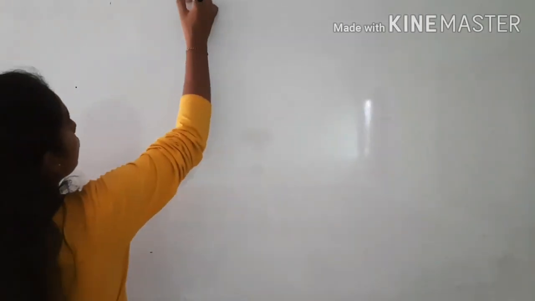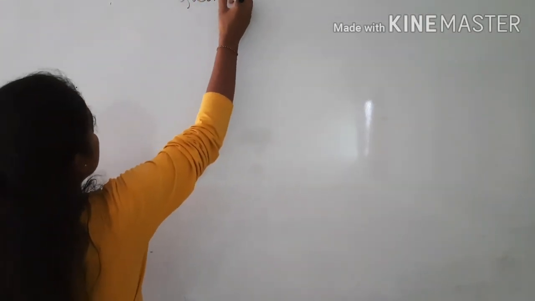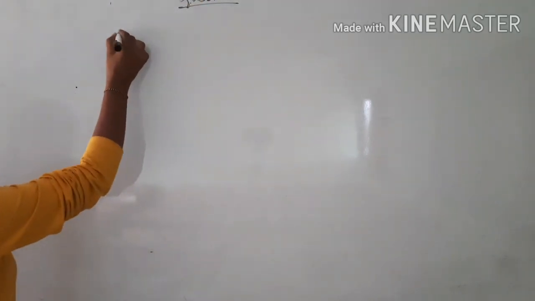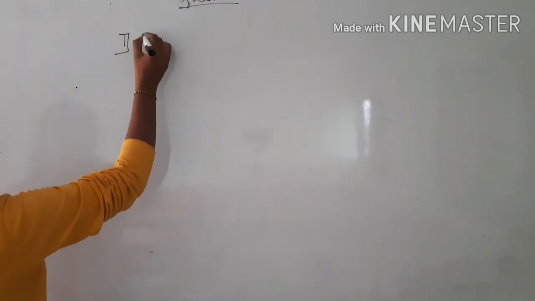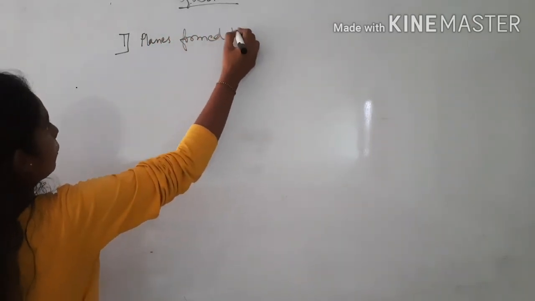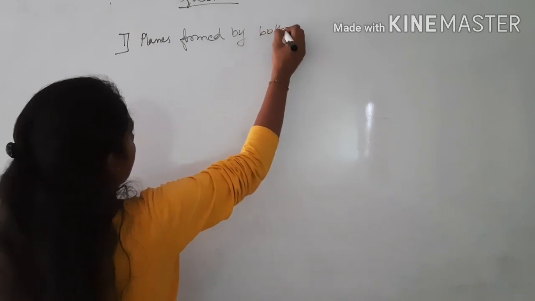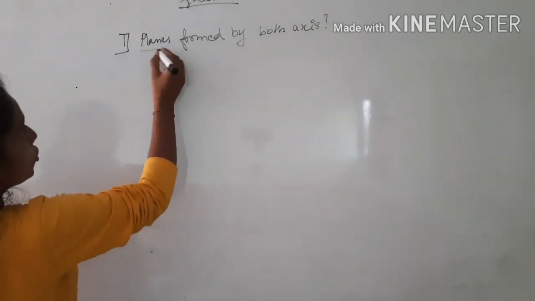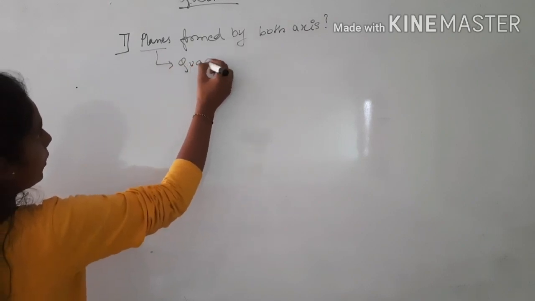Okay students, so that was the last topic. Now I think we should revise overall what questions are to be asked in this chapter. First of all, you should know the planes formed by both the axes. In short, the answer is quadrants.